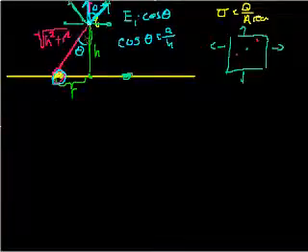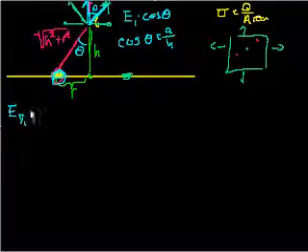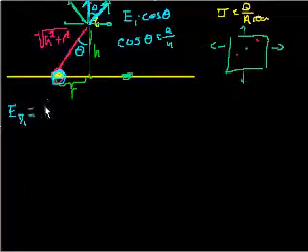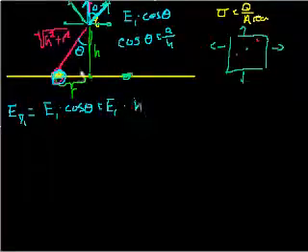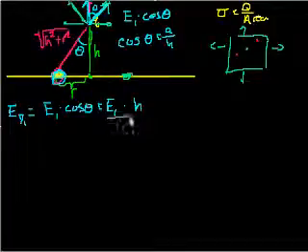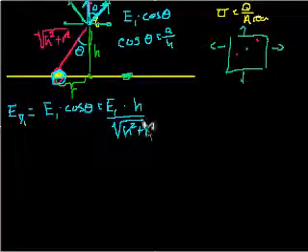We get that the y component of the electric field due to just this little chunk of our plate, let's just call that E sub 1, because this is just a little small part of the plate, is equal to the magnitude of the electric field from this point, times cosine of theta, which equals the electric field times the adjacent, the height, over the hypotenuse, over the square root of h squared plus r squared.